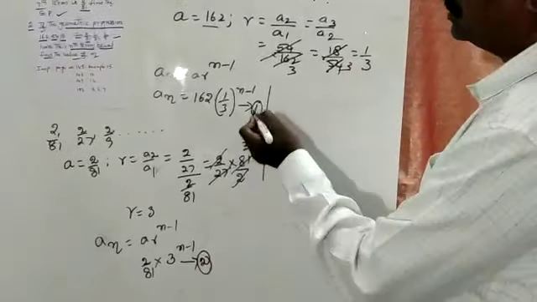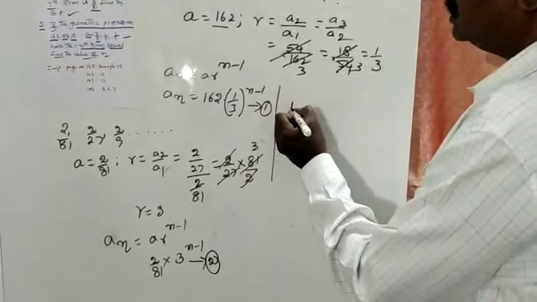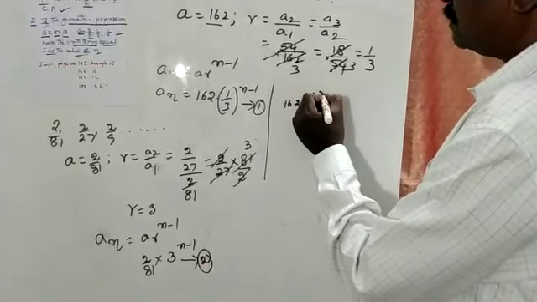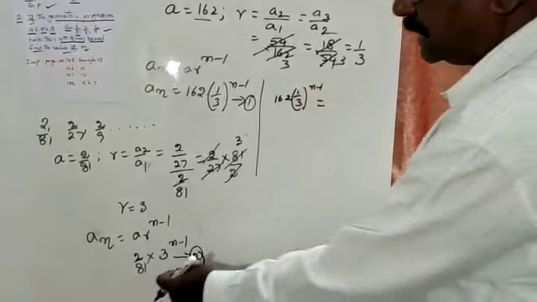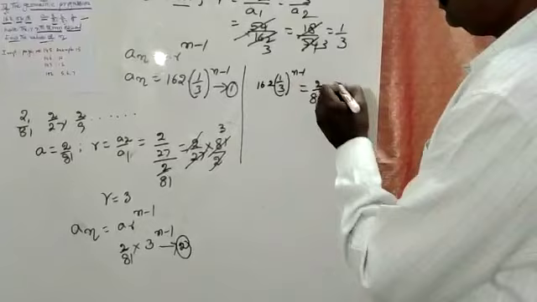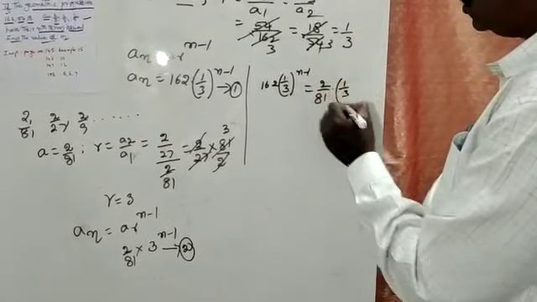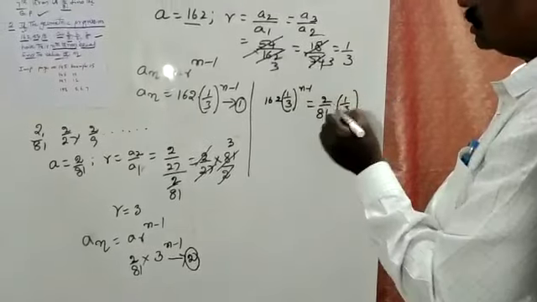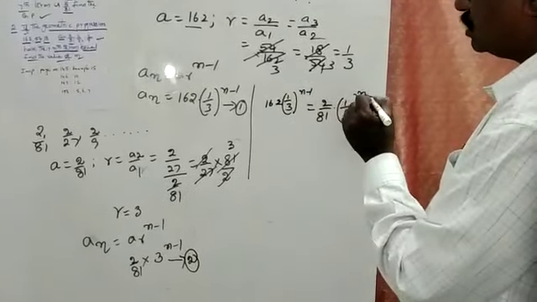From 1 and 2, the first equation is 162 into 1 by 3 whole power n minus 1. That is equal to the second equation, 2 by 81 into 3 to the power n minus 1.